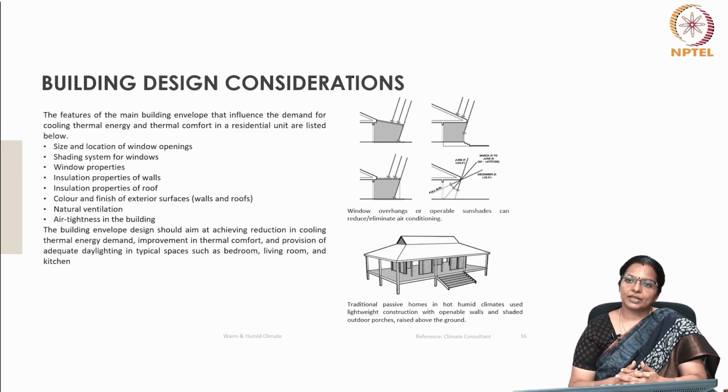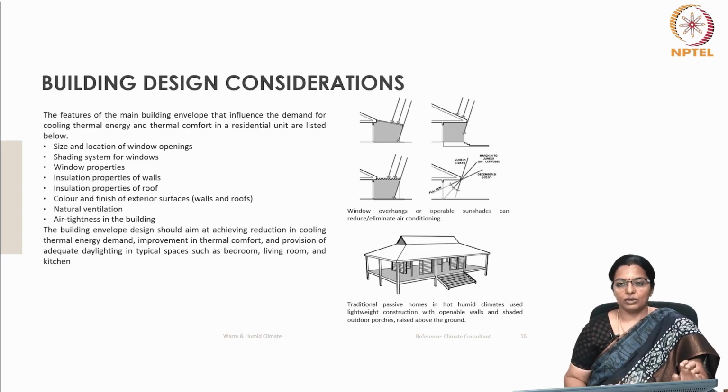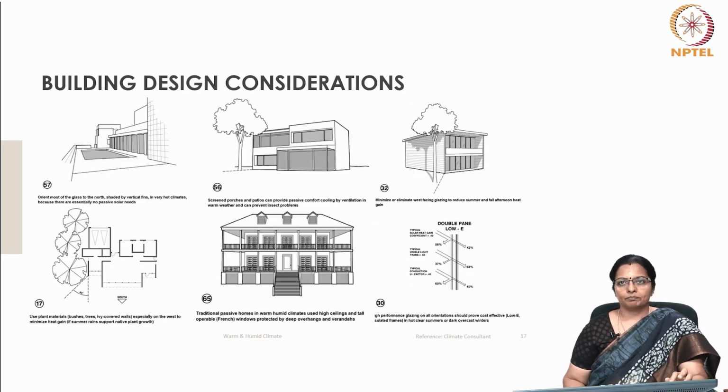Color and finish of exterior surfaces must be taken care of. Provision for natural ventilation becomes very important. So, the building envelope design should aim to achieve reduction in cooling thermal energy demand with improvement in thermal comfort and provision of adequate daylighting in typical spaces like bedroom, living room, kitchen, etc.